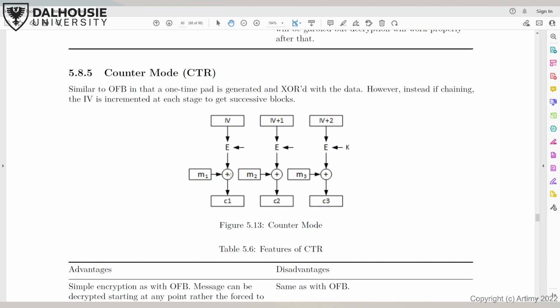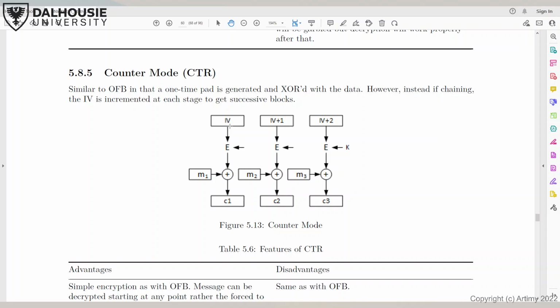But here, the next initial vector is derived from the first one. So there is no daisy chaining, there is no output fed to the input of the second part. Each one of these blocks is separate. I just need to know the first initial vector, and then the second one. Here it shows that they are increments of 1.